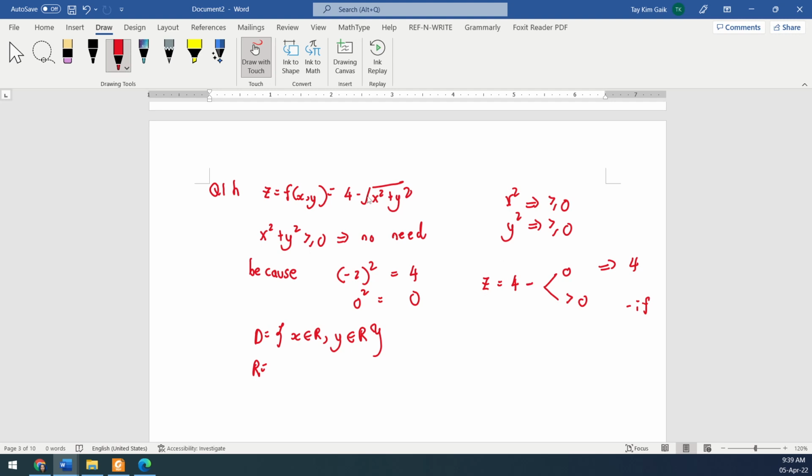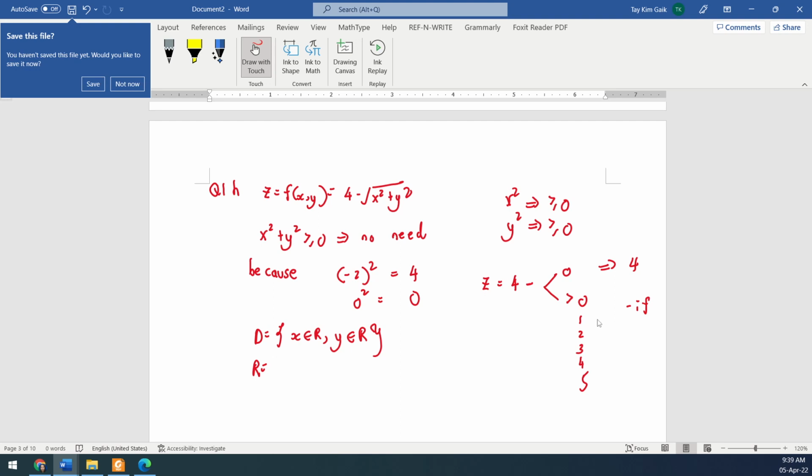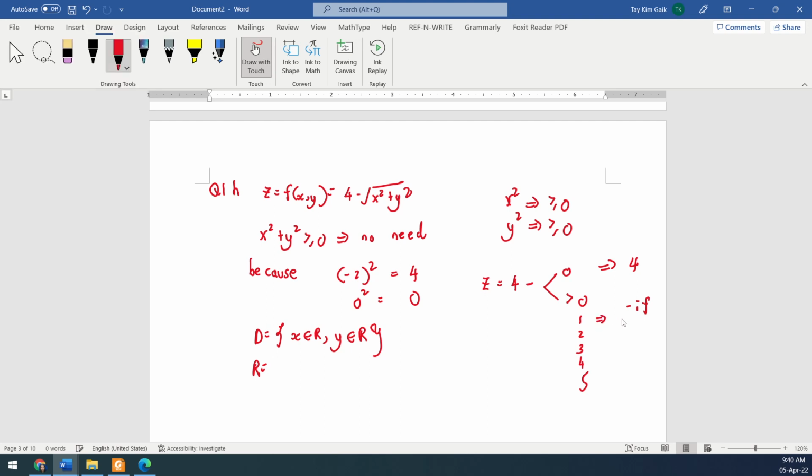You have to look at here. For the square root function, the value has a minimum of 0 and a maximum that is positive. So 4 minus, for example, something greater than 0. Let's put 1, 2, 3, 4, 5. 4 minus 1 you get 3. 4 minus 2, 2. 4 minus 3, you get 1. 4 minus 4, 0. 4 minus 5, negative. 4 minus 6, negative.